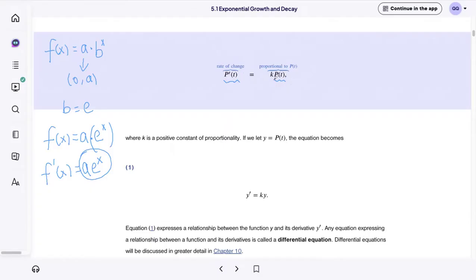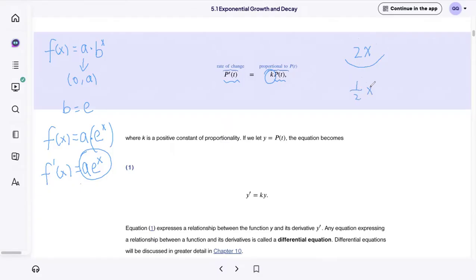Like k could be 1. In this case, k is 1. So derivative of an exponential function is a scalar of its original function. What does scalar mean? Let's say x. If I do 2x, 2 is a scalar of x. 2 makes x 2 times as big, right? That's what 2x means.